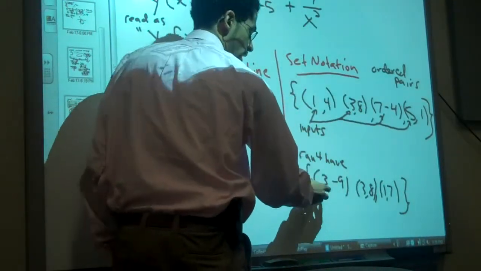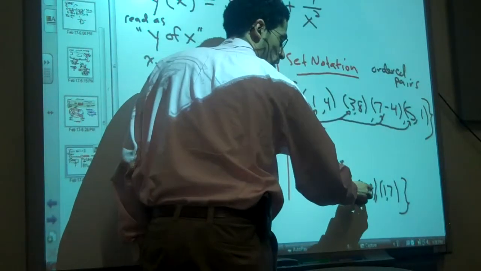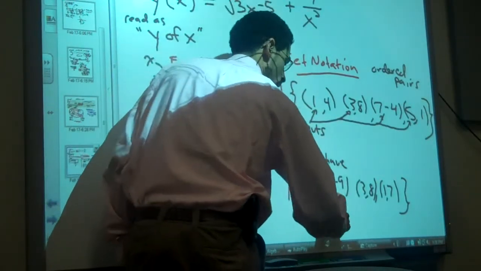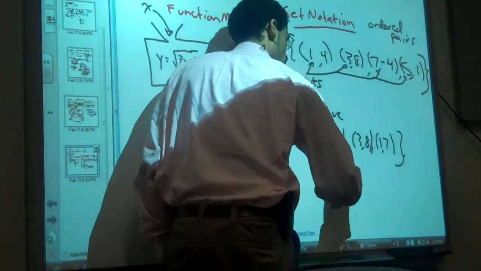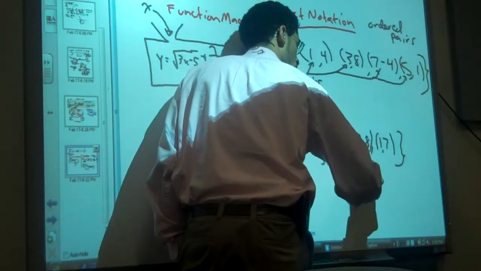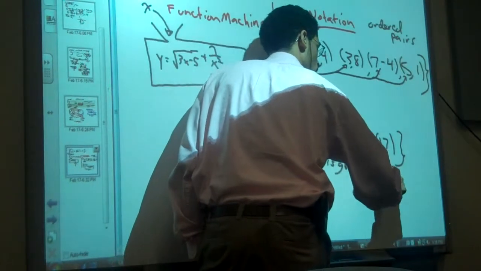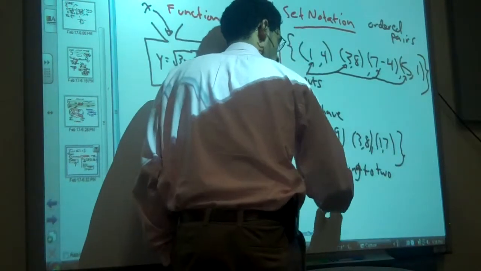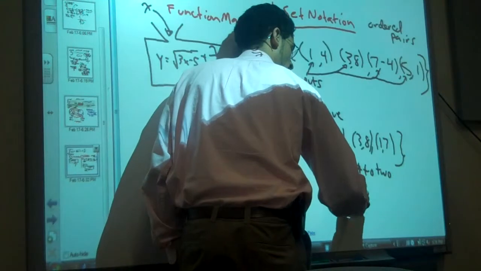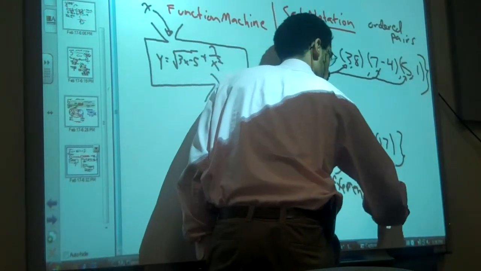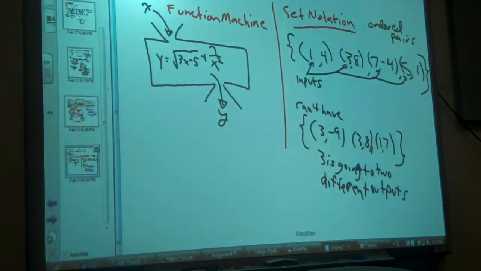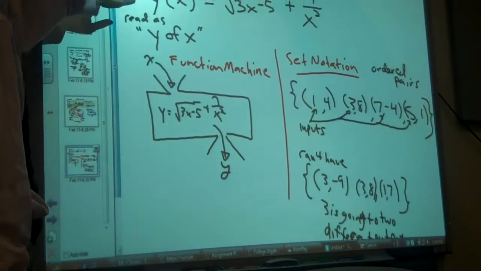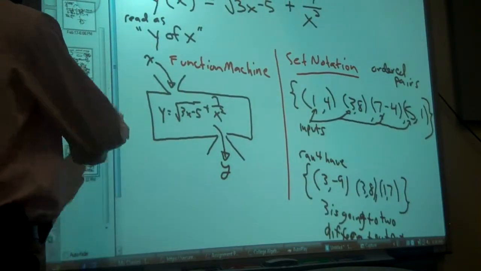I can't have 3 going to -9 and 3 going to 8. Three is going to 2 different outputs. That's not a function. So I can use set notation to describe my function. I can use a formula to describe my function. I can use a graph to describe my function.